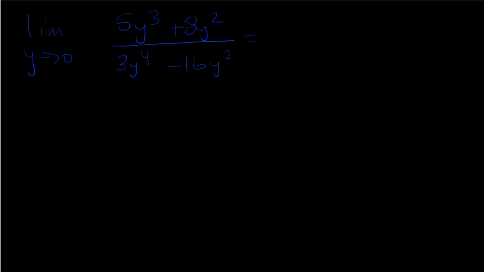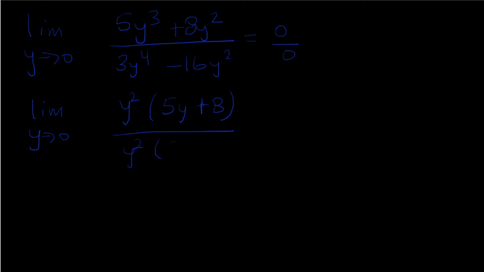They all have factors of y, so we know this is going to be 0 over 0. So I'm going to simplify this. I can pull out a y squared, and I'm left with 5y plus 8. And on the bottom, I can also factor out a y squared, and I'm left with 3y squared minus 16.